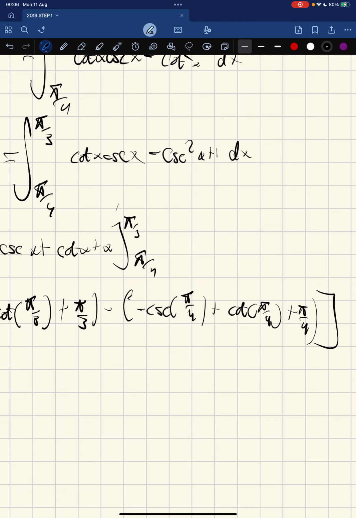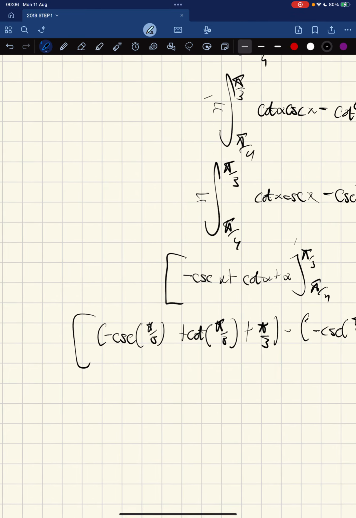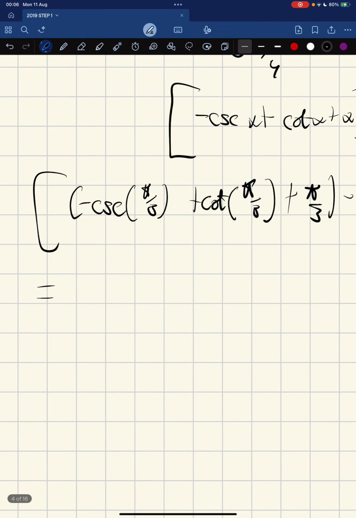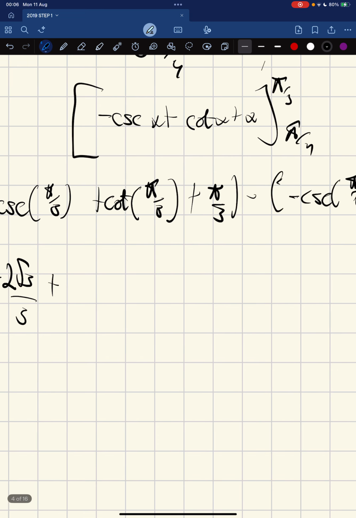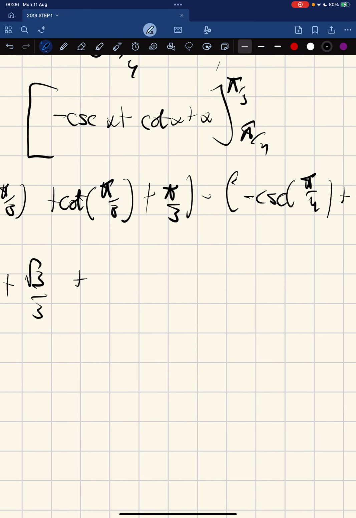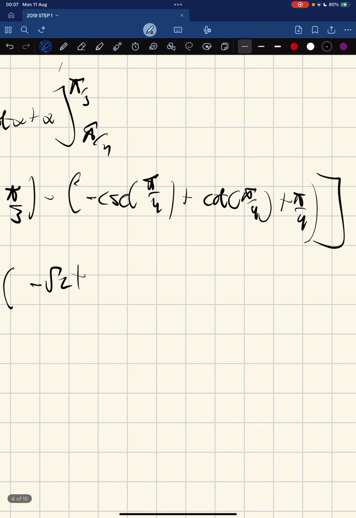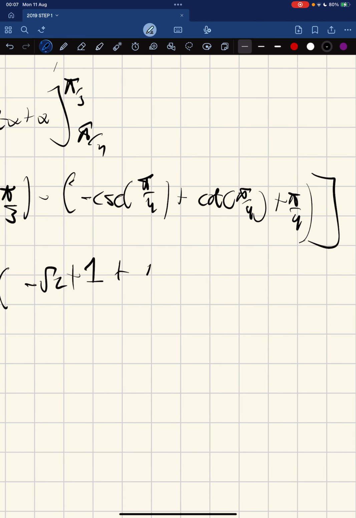Okay, so we're going to evaluate this. We're going to get minus 2 root 3 over 3 plus root 3 over 3 plus pi over 3, but minus root 2 plus 1 plus pi over 4.